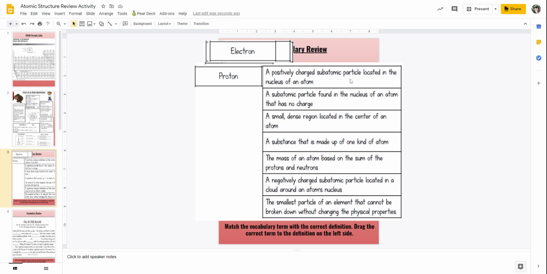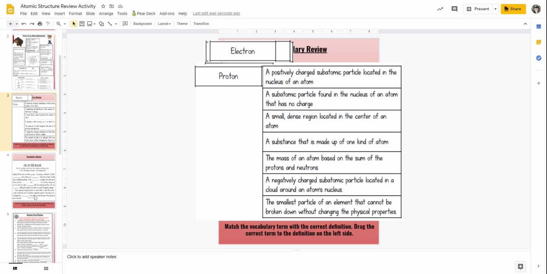So a positively charged subatomic particle located in the nucleus, that's a proton. A lot of these you'll be able to figure out from your notes, even just the quick notes that we just did, or you could go back to your ISN pages for atomic structure. And then just sort the rest of them over here. You should have one next to each definition at the end.